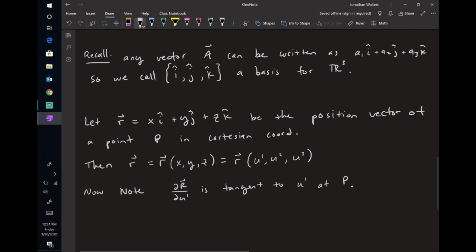So this is going to be tangent to the first coordinate, basically.